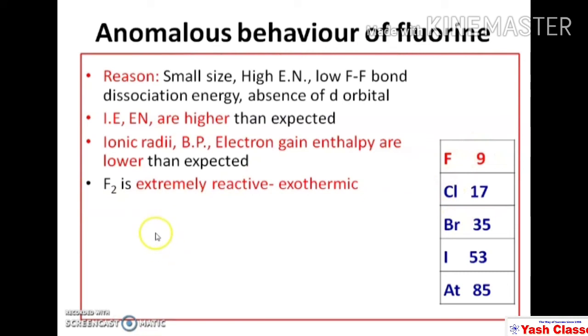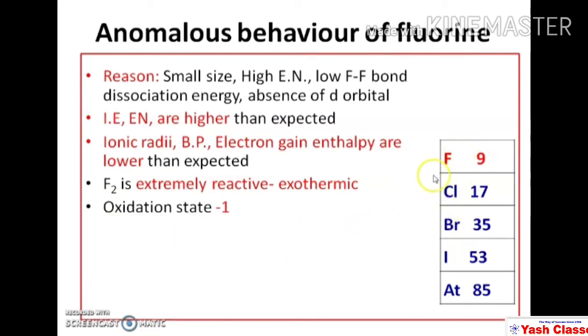Now next important point is, fluorine is extremely reactive, and when it reacts with other compounds or elements, its reaction is highly exothermic, the reaction is explosive. Whereas other elements react with other elements no doubt, but reactions are not that exothermic or explosive.